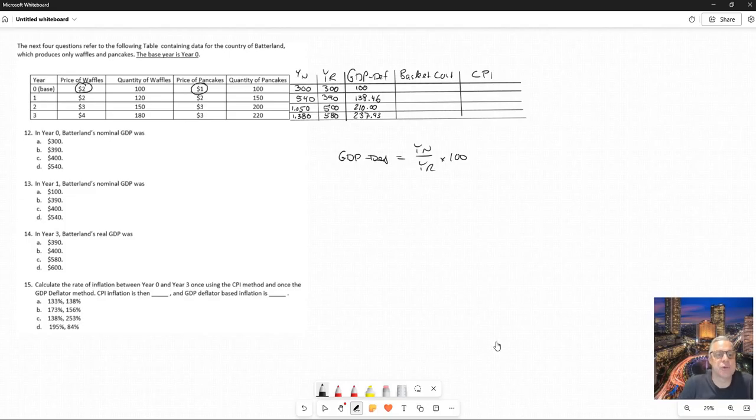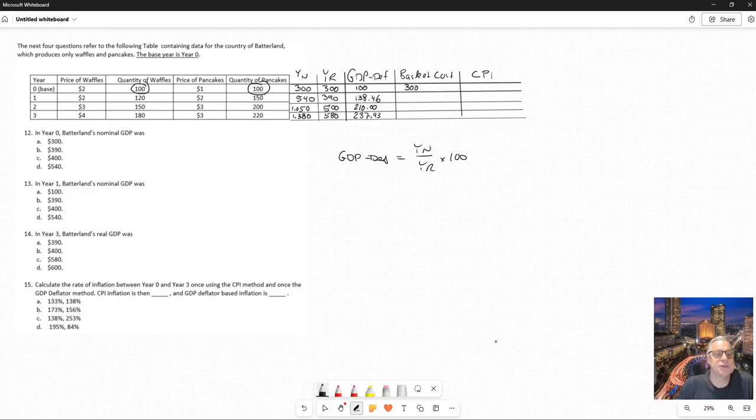hold the quantity constant. So we erase this again so we don't get confused, and now we assume we always consume 100 waffles and 100 pancakes, but then we let the prices change over time. The basket cost in the base year is of course also 300.